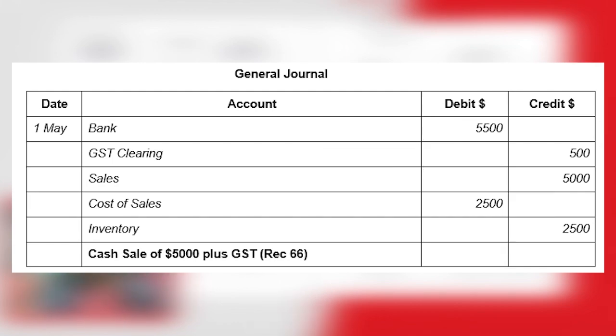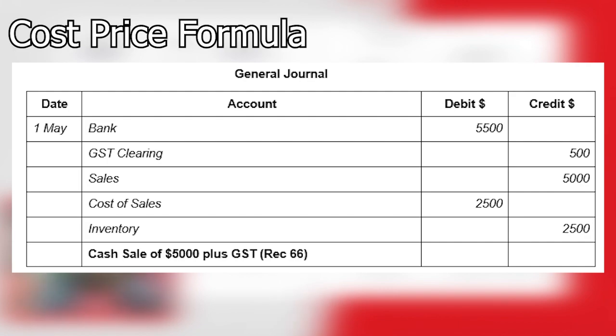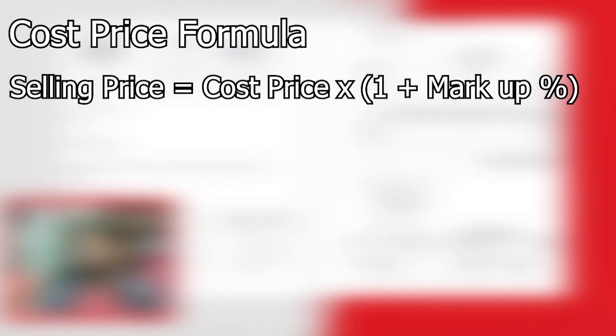Now, there was a 100% markup, so essentially it's the exact same set of math that we need to do. But this time, instead of calculating GST, we need to calculate cost price. So our formula for calculating cost price and selling price is selling price equals cost price times, in brackets, 1 plus percentage markup.